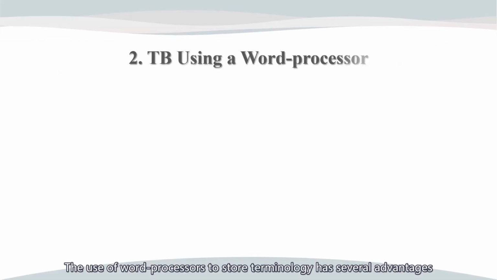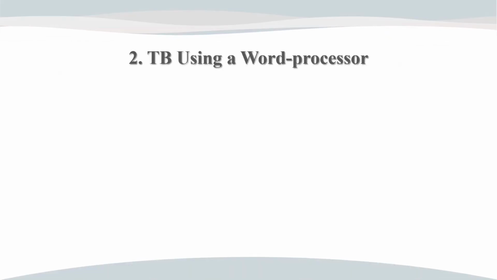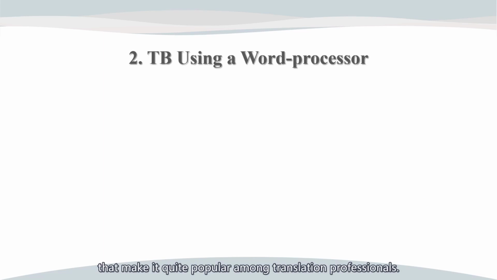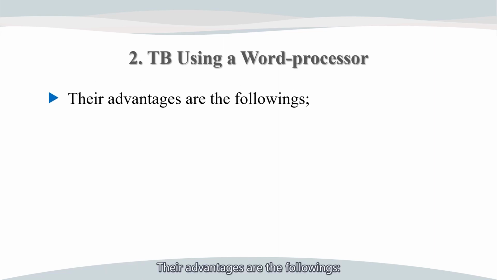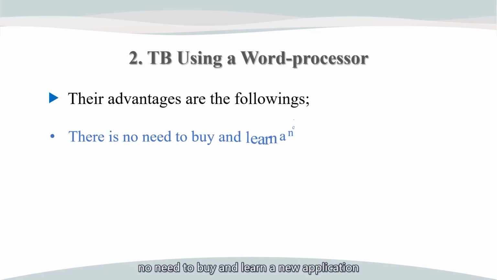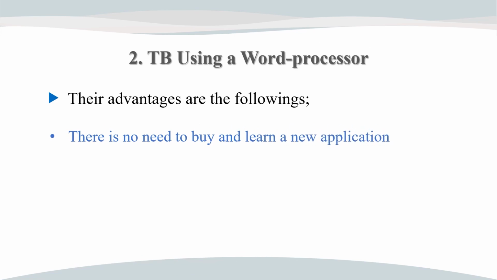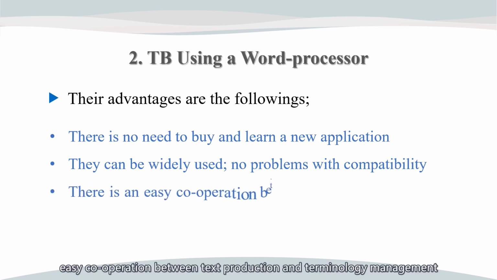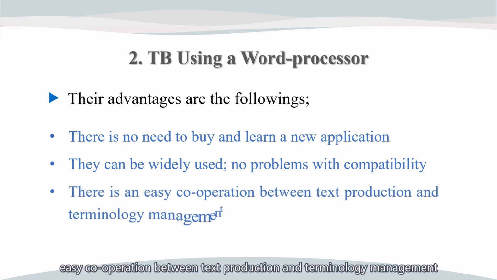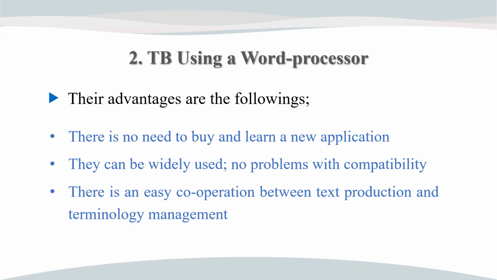The use of word processors to store terminology has several advantages that make it quite popular among translation professionals. Their advantages are the following: no need to buy and learn a new application, widely used, no problems with compatibility, easy cooperation between text production and terminology management.